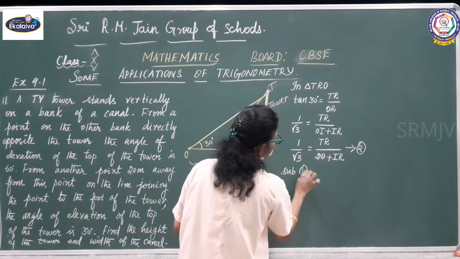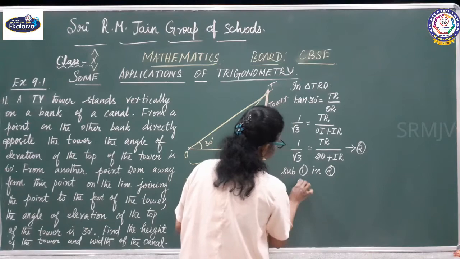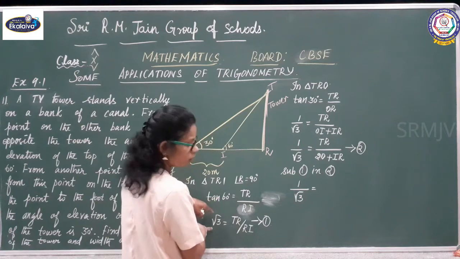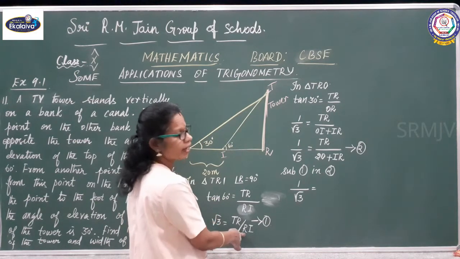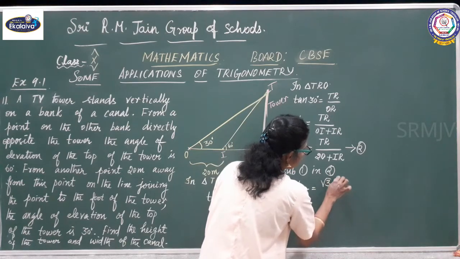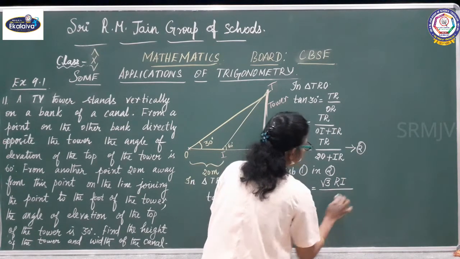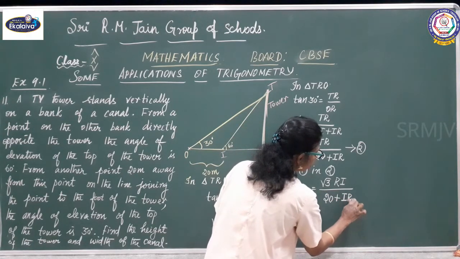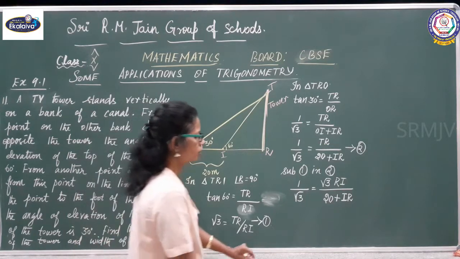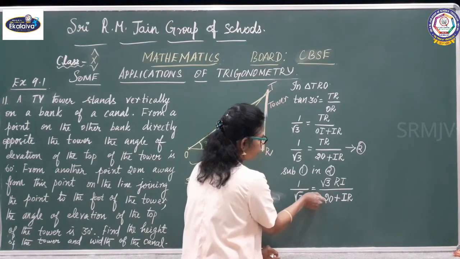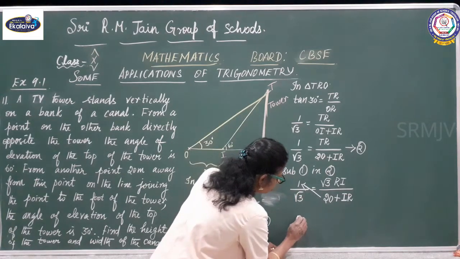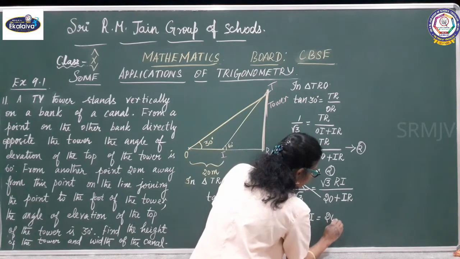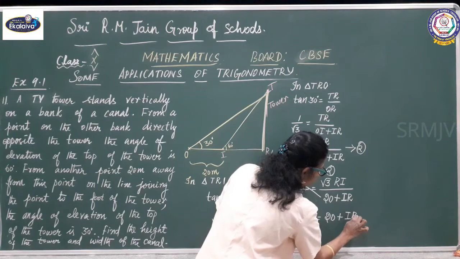Substitute 1 in 2. 1 by root 3 equal to TR, which is root 3 into RI, divided by 20 plus IR. Now you have to cross multiply. 3RI equal to 20 plus IR.